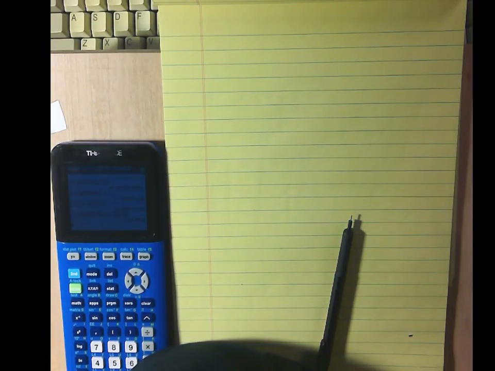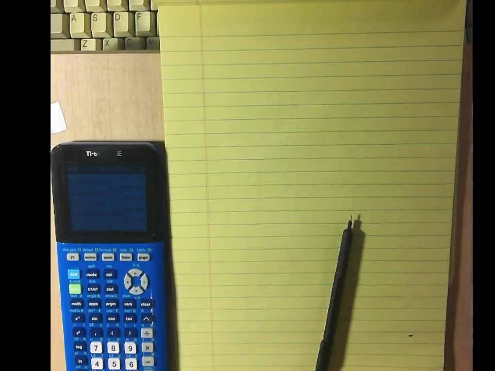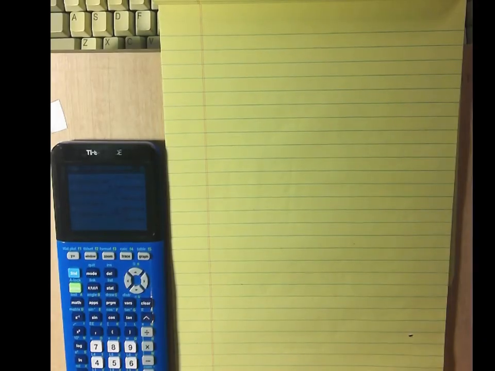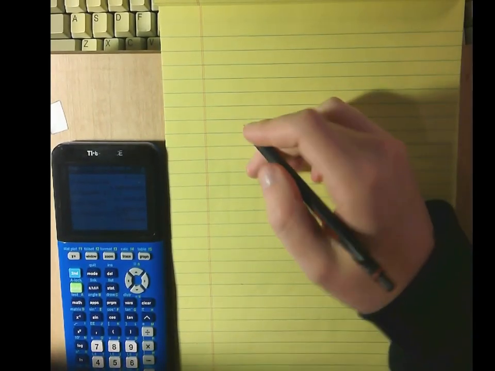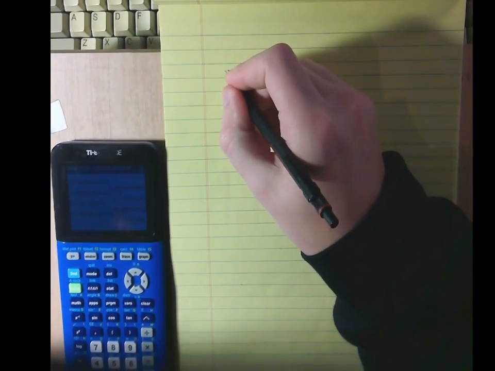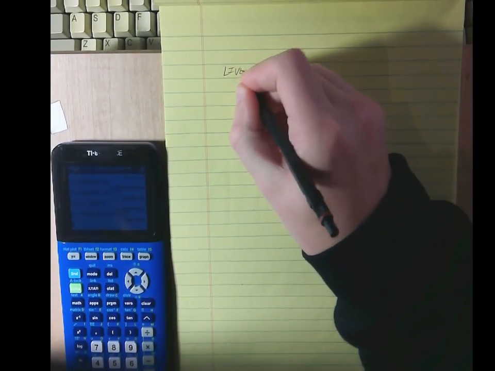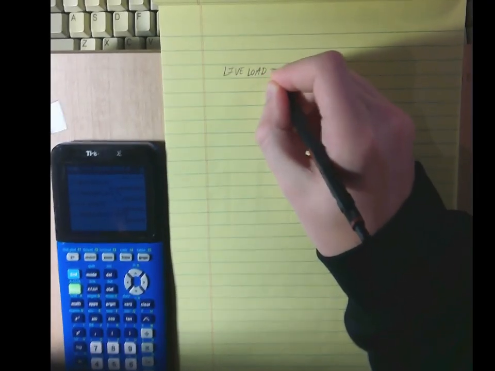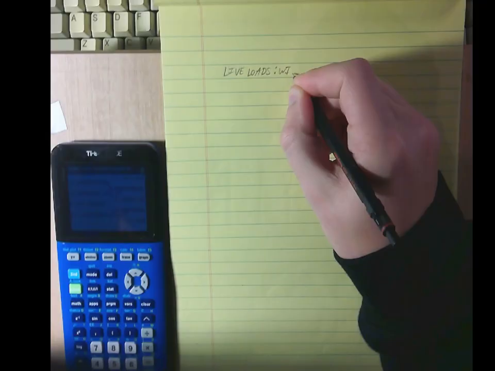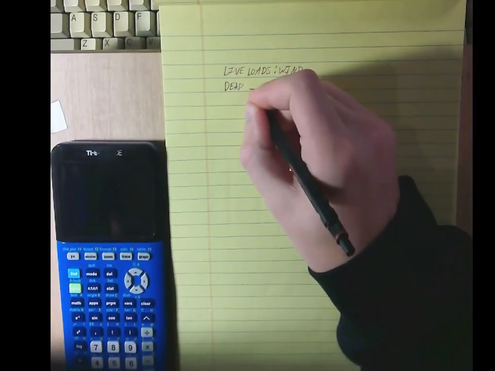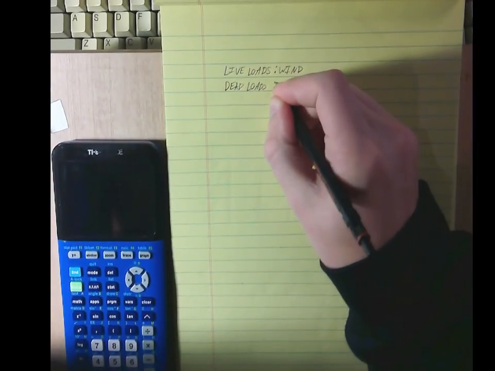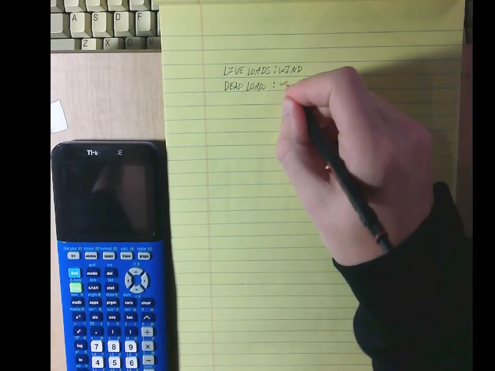So now we're on question 7. This is one of them L over B problems. Tributary area. So far, just to very briefly go over this, we've talked about live loads, pretty much just wind. Dead loads, just weight.